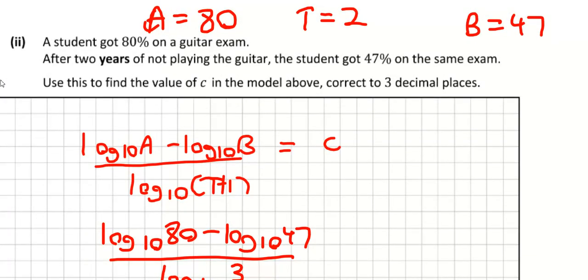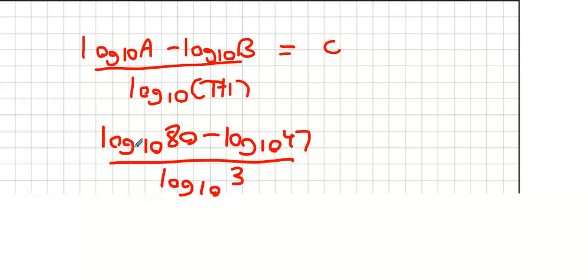What? 2 years. Lads, T is not 2, T is 24 because it's in months, not in years. So it's actually 24 plus 1, which is 25. Can we put all that into the calculator and see what happens? 165, is it? And we're done.